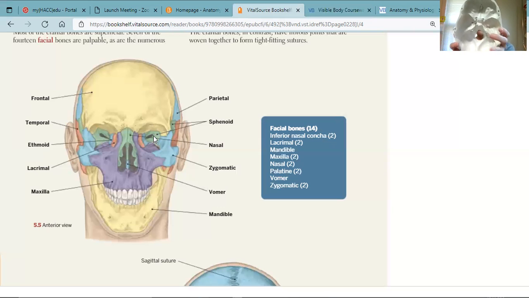So if I show you this image of a skull, obviously the top is off, and we're looking down in the skull, this is all the sphenoid. Okay, not this back here, but this across here is all the sphenoid. So it has a lot of different parts and a lot of different landmarks, and you can see the sphenoid through the eye orbit here. Okay.